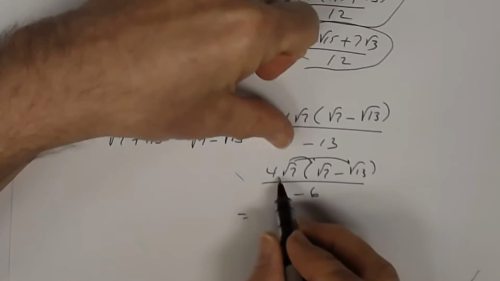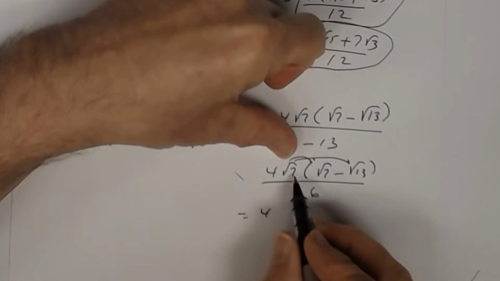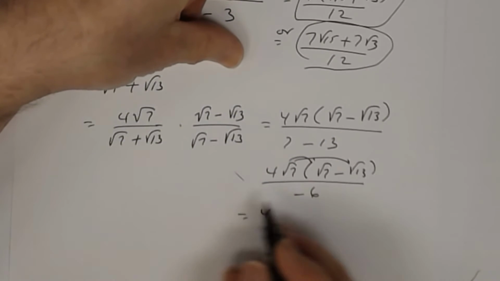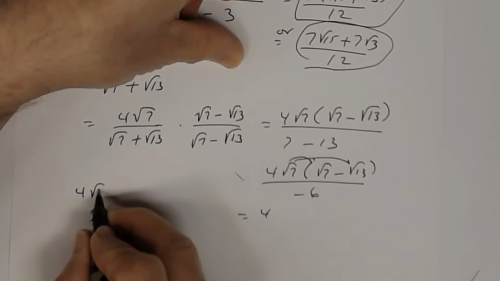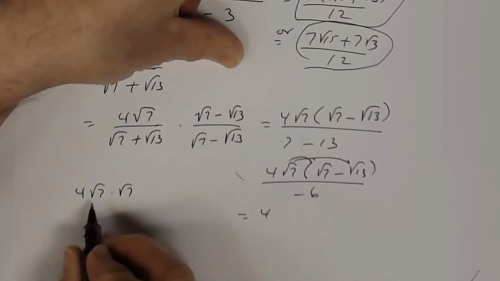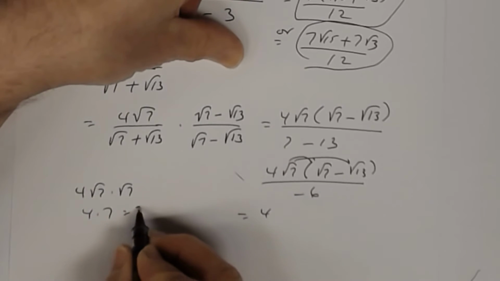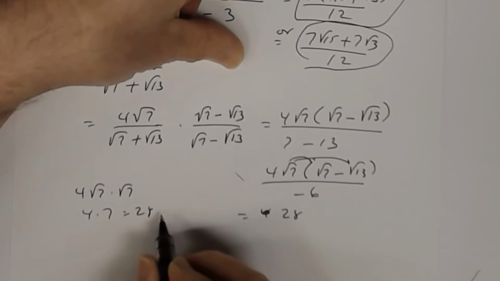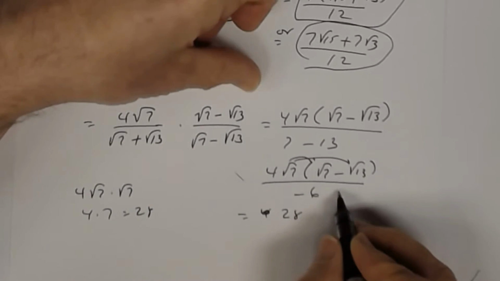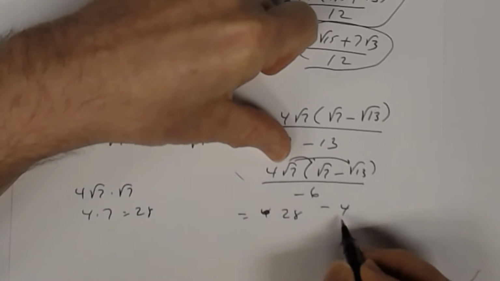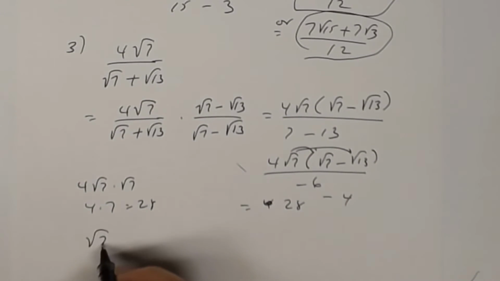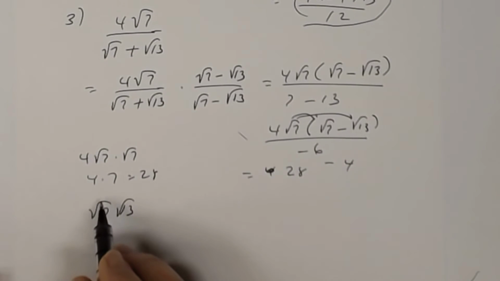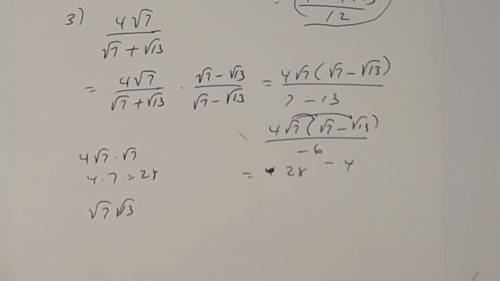So you get 4 times the square root of 7 times the square root of 7. So look, you have this 4 square root of 7 times square root of 7, right? So that's 4 times 7, which is 28. Put 28 here. And then minus 4 times the square root of 7 times the square root of 13. Use your calculator.